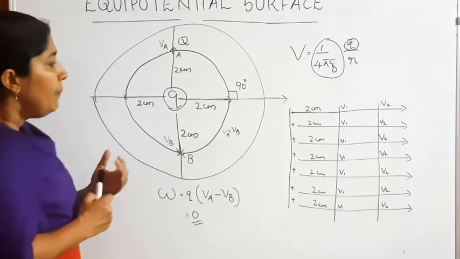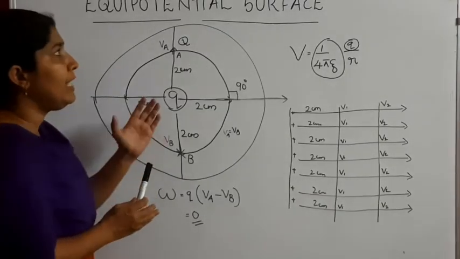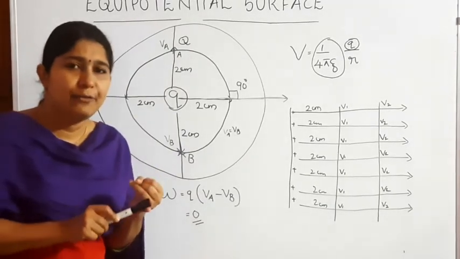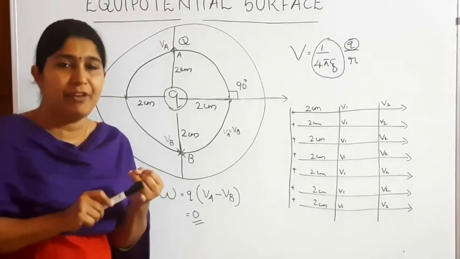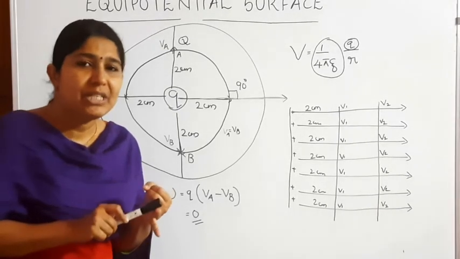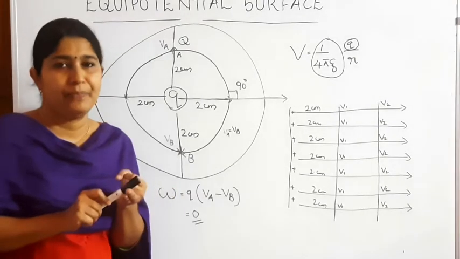Now, we can conclude the points regarding the equipotential surface. First point, it is the surface where the potential remains constant everywhere. Second point is that this equipotential surface is at equal distance from the point charge.